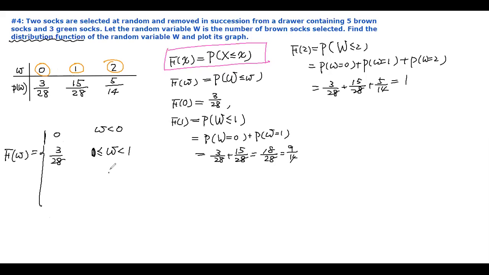Then the next level is when I hit 1, so 1 but less than 2. That means I add all the way to 1, which is 9/14. Now w is going to hit 2. When w hits 2, it will be 1. Anything greater than that will be 1, because for w greater than or equal to 2, there's nothing else to add. So it's 1 here.